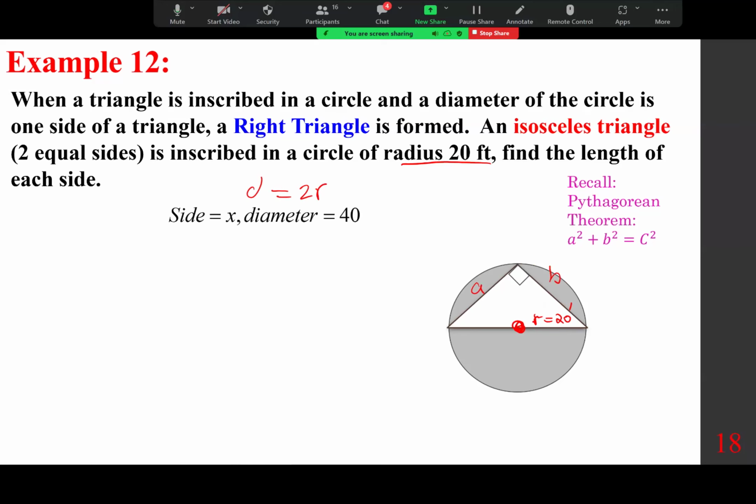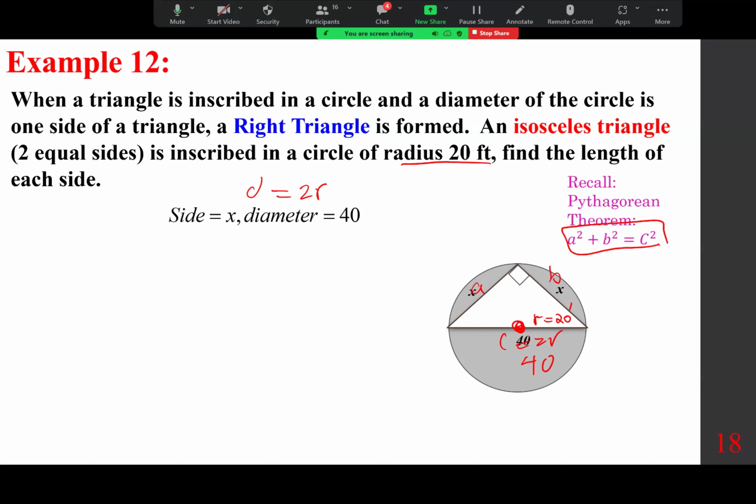Here's the a, here's the b, here's the c, where both sides a and b are the same. We can call them x and x, or a and a. And the c, we're going to call it d actually, or just simply we know this side is 2 times r, which is 40. Okay, so according to this formula, x squared and x squared.